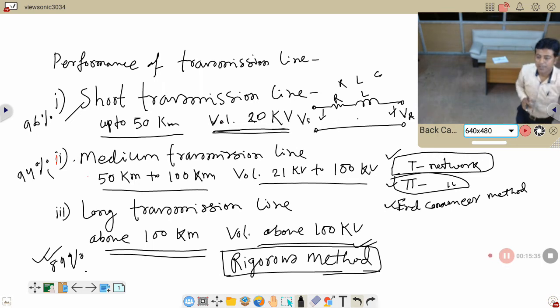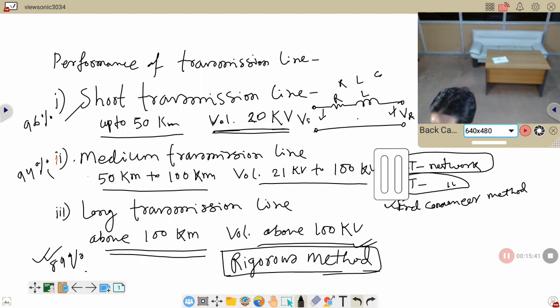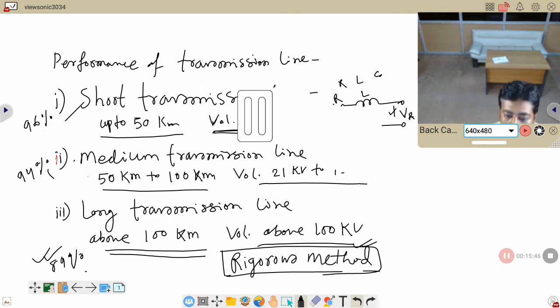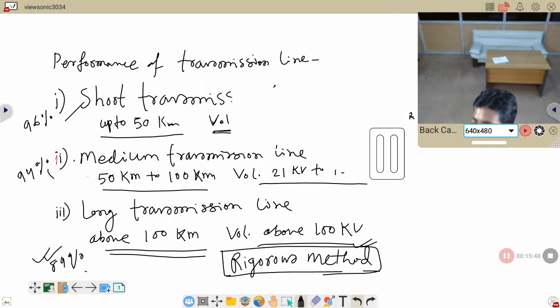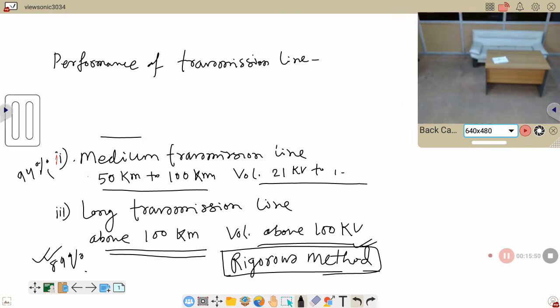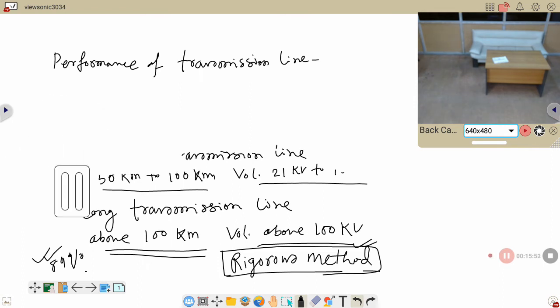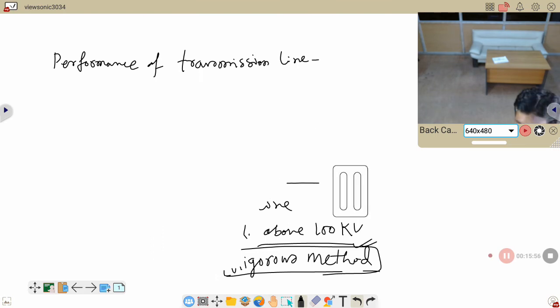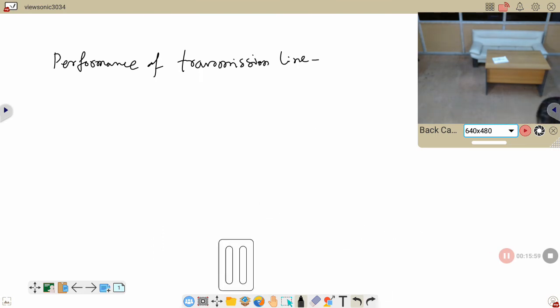Now see. First of all, I will draw one basic diagram of the transmission line. Afterward, you get what parameters are there and all the nomenclature of this transmission line.